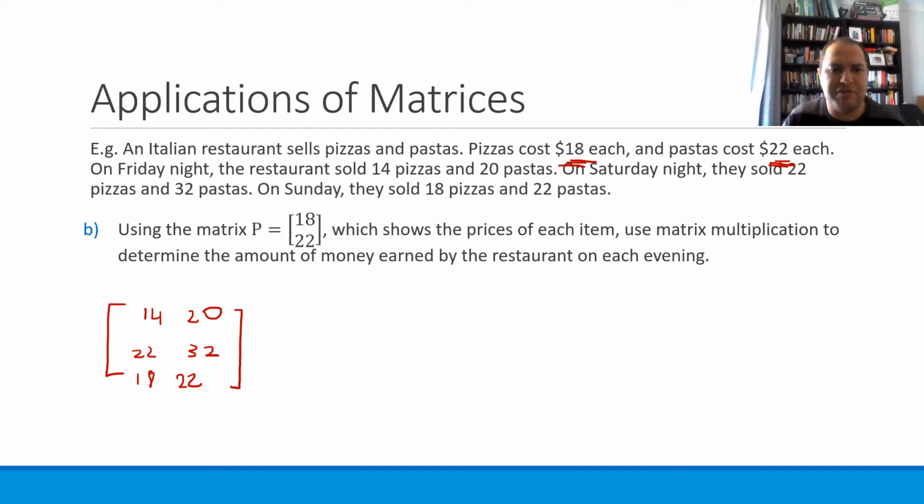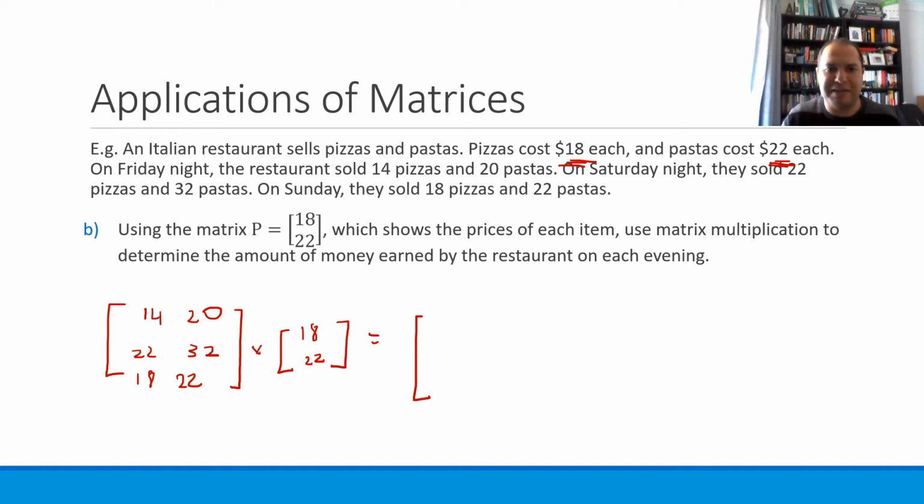There's my first matrix, and I'm going to multiply that by our new matrix, 18, 22. Multiplying those matrices together will give us a new matrix, which will give us how much is earned each night. So let's have a look at how we do that.